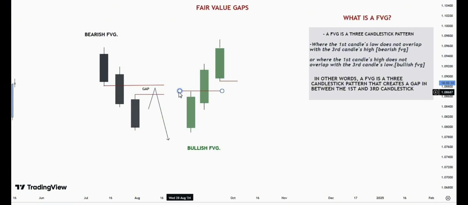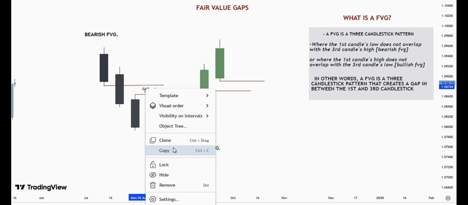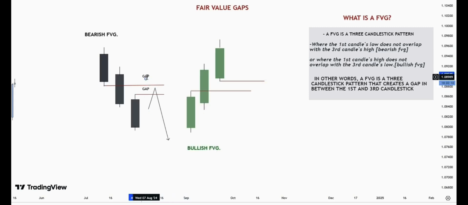So now let's go to the bullish gap, where the first candle's high does not overlap with the third candle's low. That's what we're talking about. Just because, as you can see, there's a gap. Same scenario. See, there's also a gap.